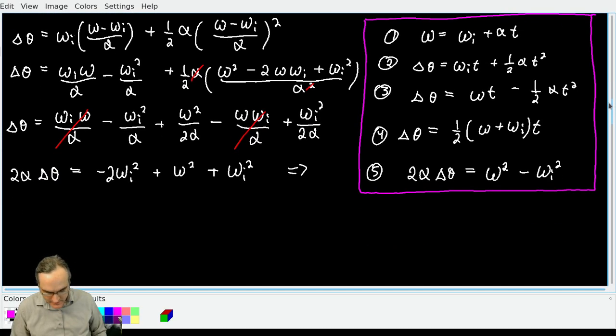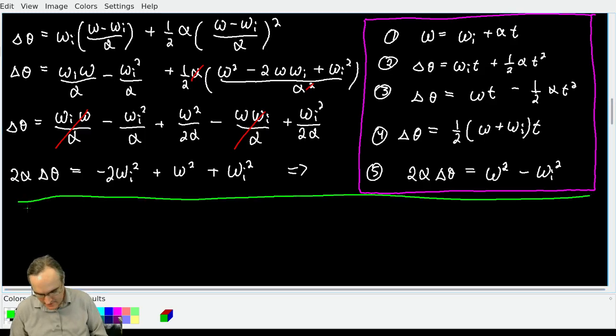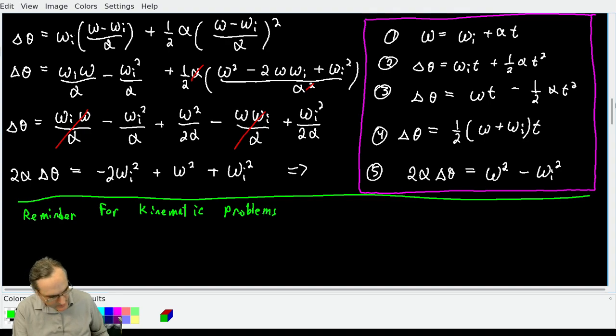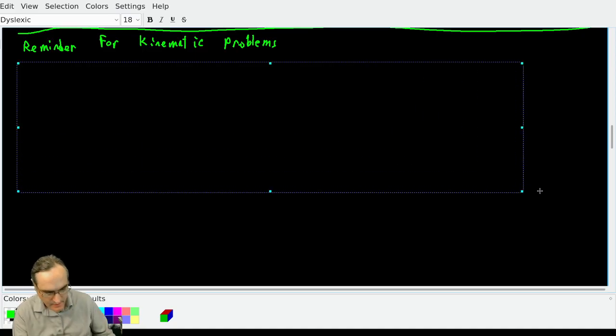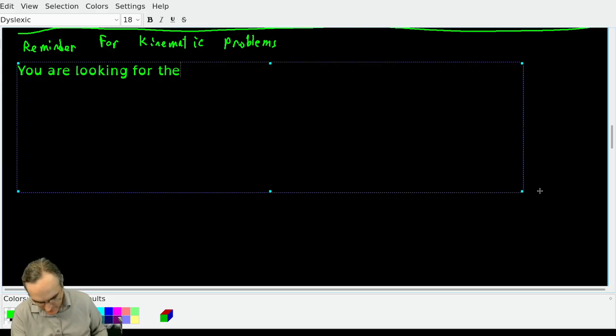All right, I will summarize that again briefly, and then we will wrap this one up. Okay, so reminder for kinematic problems. First, examine the givens.